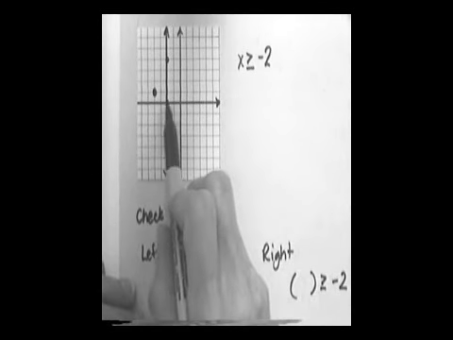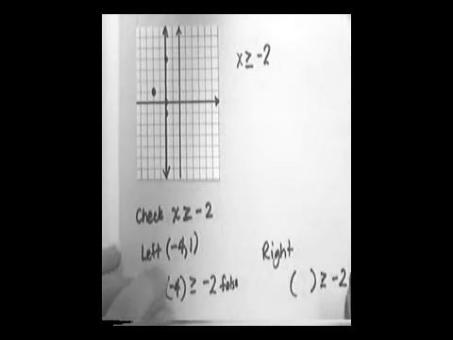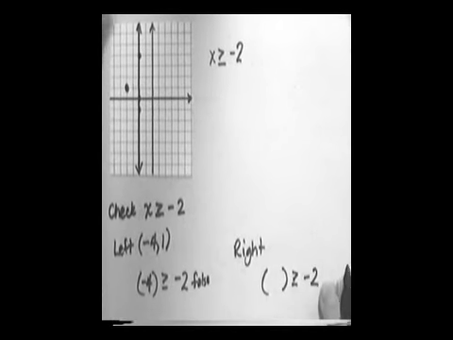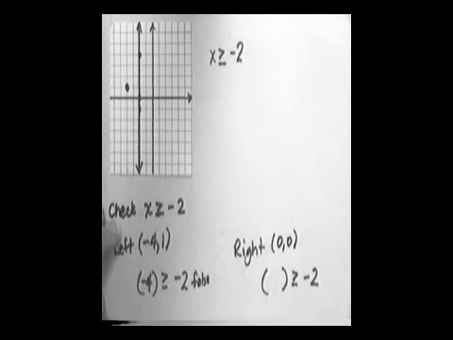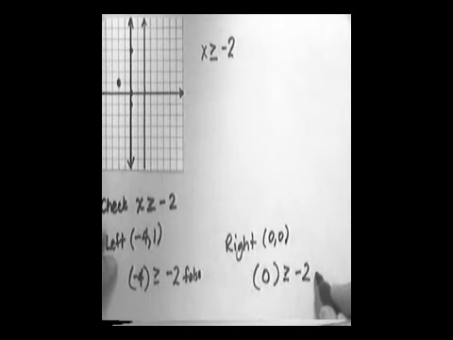A point to the right, we'll use our favorite, 0, 0. We're testing x is greater than or equal to -2. We fill in the x value, which is 0. And we get 0 is greater than or equal to -2. 0 is greater than every negative number, so this tests true.